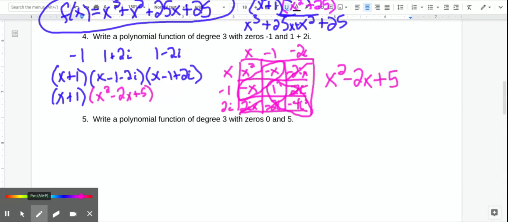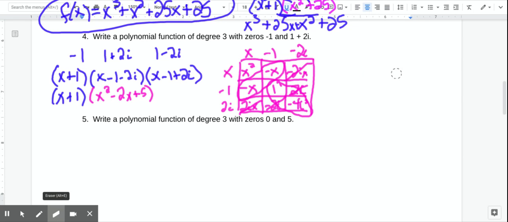And now we're going to multiply these next two things together. You can use the box method again, which maybe I will, so we can get a nice neat answer. If you would rather FOIL them out, that is totally fine. So x squared minus 2x plus 5, and then we're going to have x and 1.